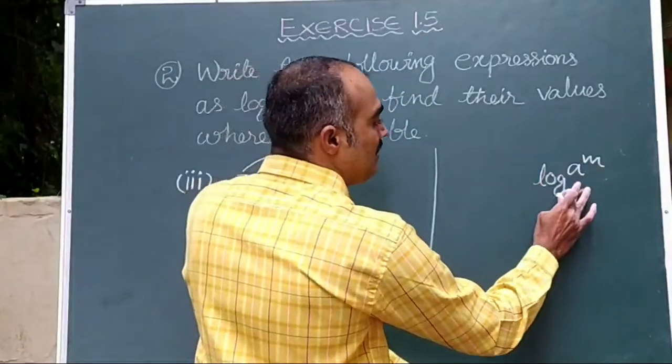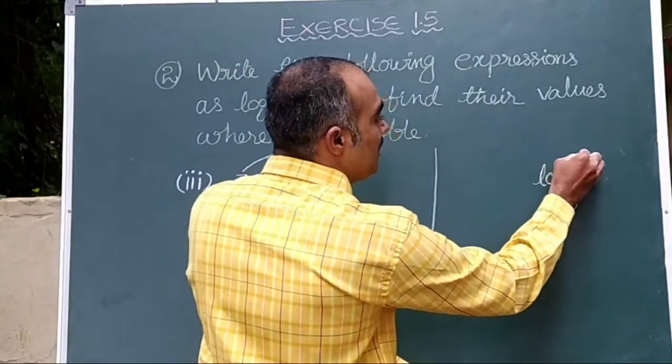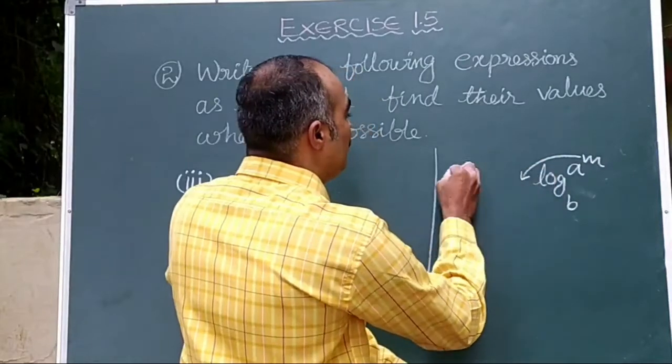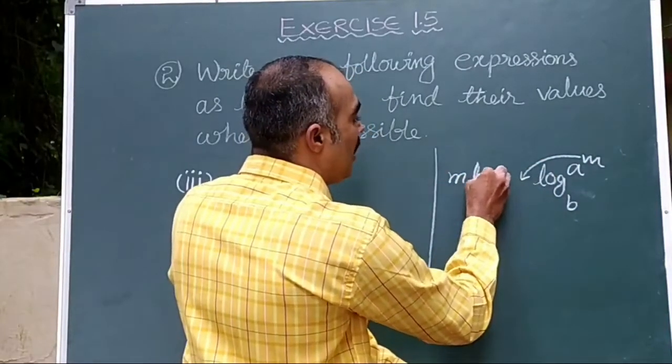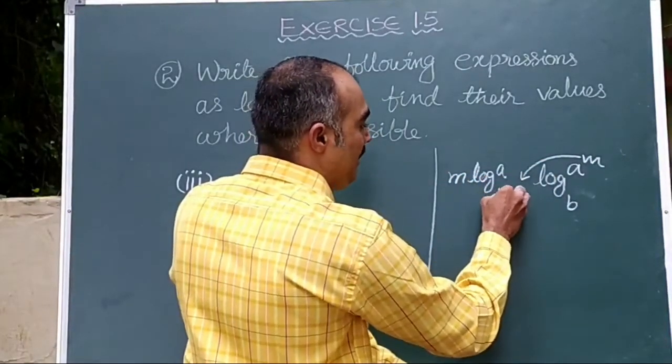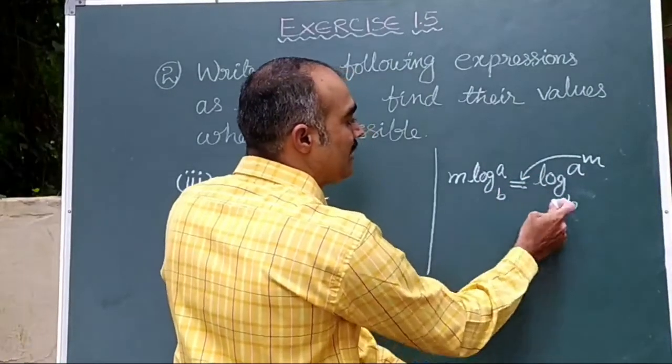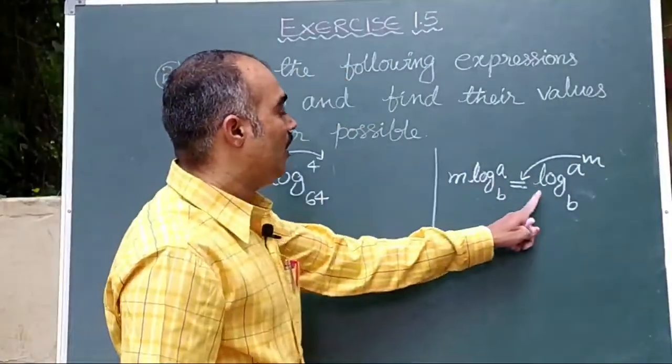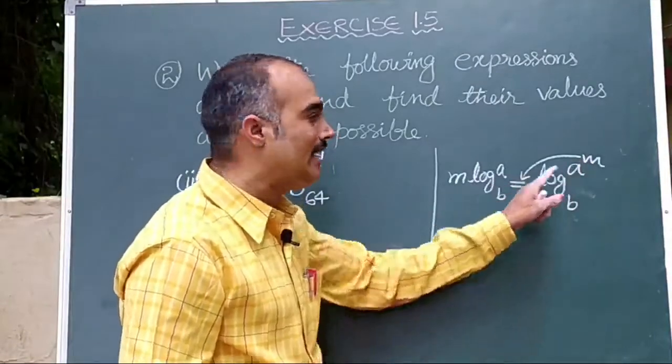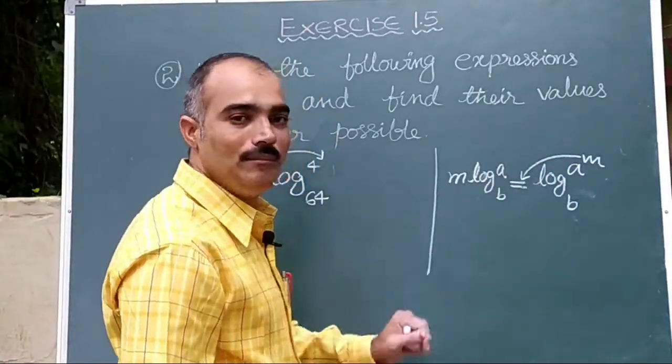So it can be written as, let us remove this power, no problem, this one will come forward. So it is m times log a base b. These two are the same, children, right? Log a power m base b can be written as m times log a base b.